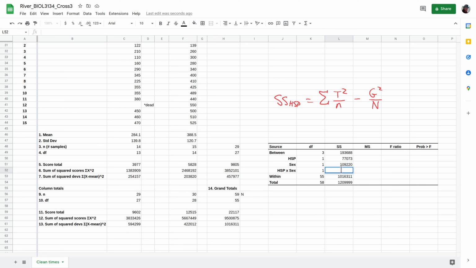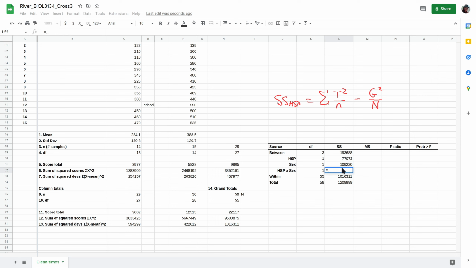Now, the sum of squares for the interaction is simply the sum of squares between minus the HSP minus this sex. So it's whatever is left over. And that's the unexplained leftover variation that we're looking for.